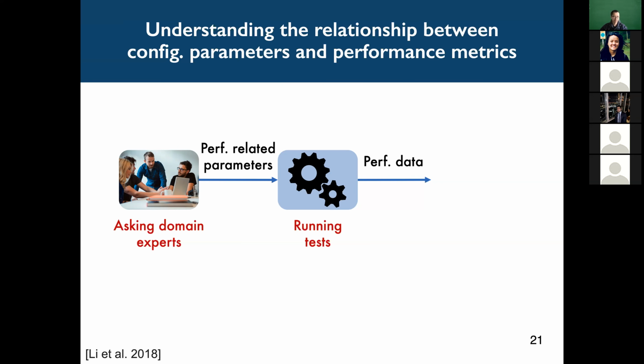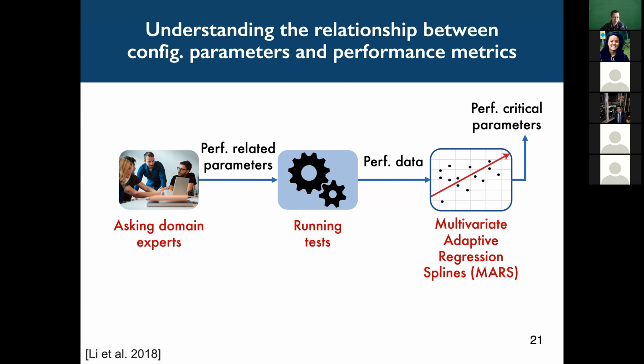After we get these data points, we build a regression model, like a linear regression model. This is a slightly more complex regression model, but you can consider it as a linear regression model, right? We build this model and analyze it to find which parameters or variables actually impact performance.